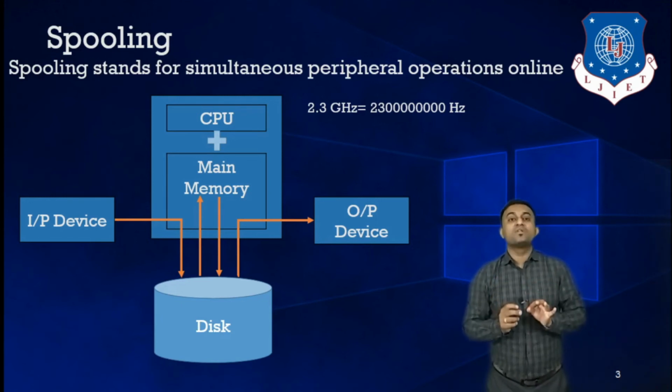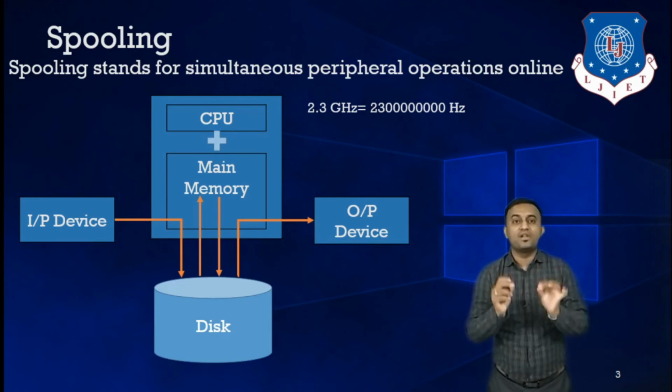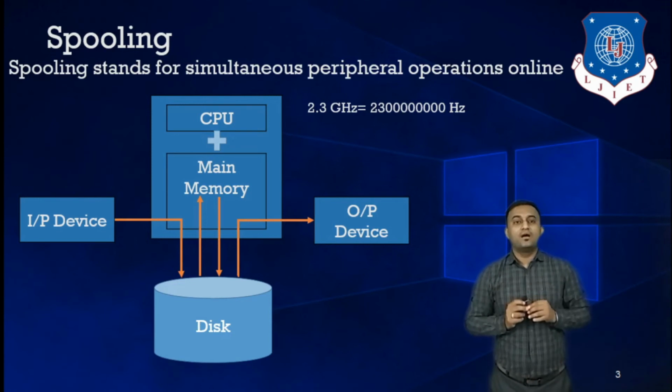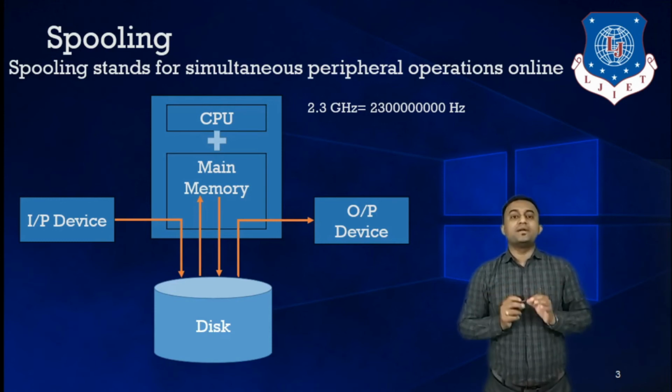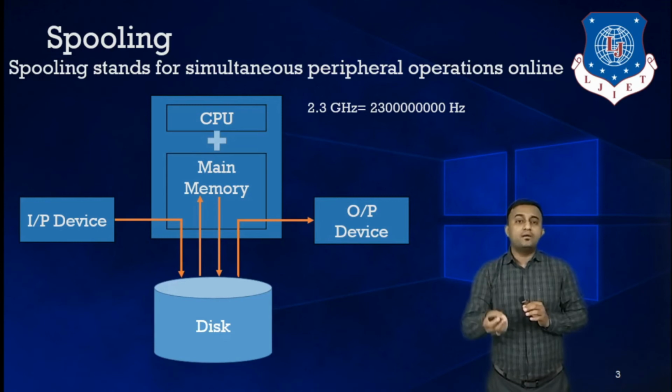Third step, once it resides in main memory, the CPU will execute that process. Now once execution is completed, in the fourth step, the data will be transmitted again from main memory to secondary memory.